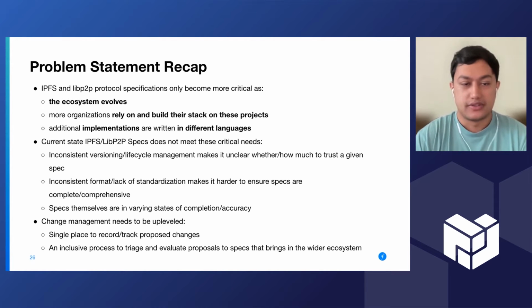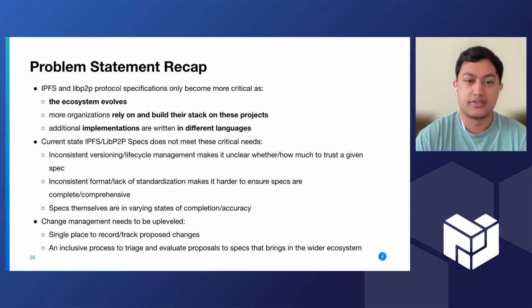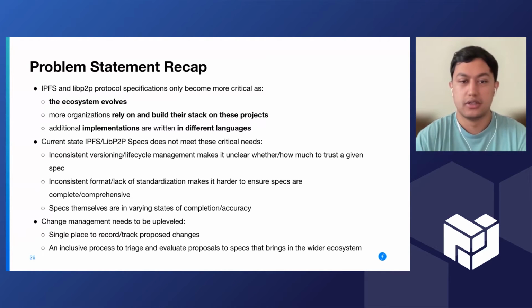However, we're in a position where the current specifications don't meet critical needs for a number of different reasons. The specifications themselves have inconsistent versioning or lifecycle management. So as a new user or someone who wants to consume the specs, if you're an implementer, it sometimes is unclear how much you can trust a spec.